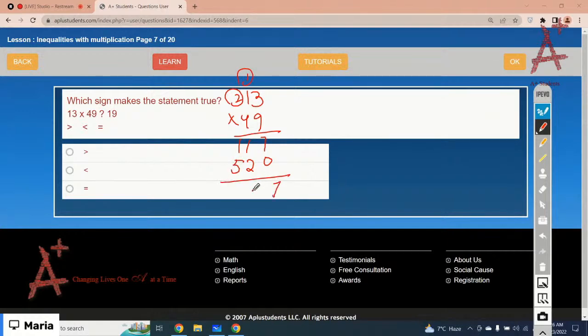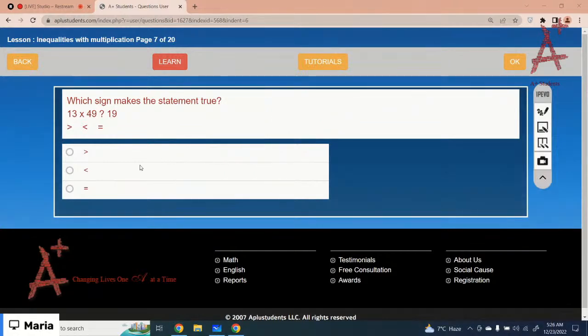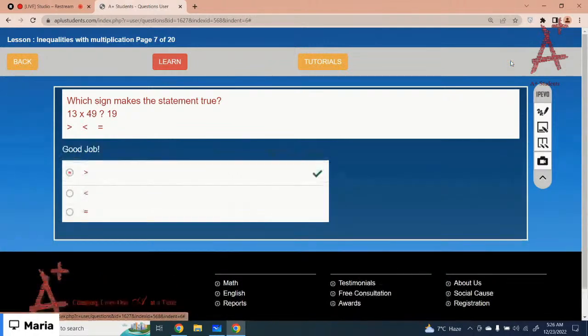So obviously 637 is much greater than 19. Got it? So the correct option is the greater one. Got it? So select the correct option and click on the OK button.